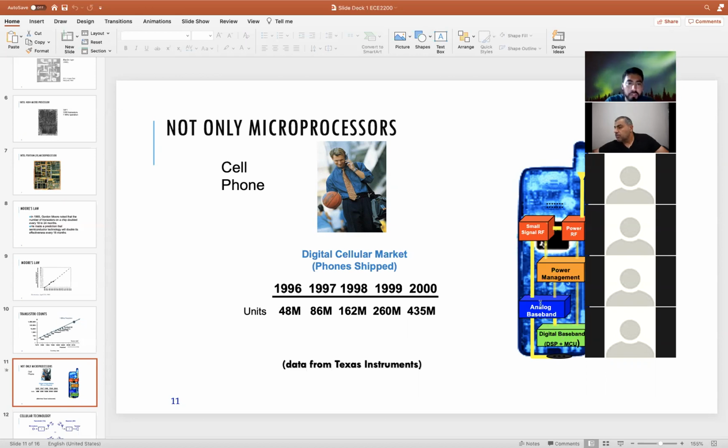And then for the EE guys, it's the rest of these things, which is analog baseband control, the RF radio frequency components that are transmitting and receiving the signal, and power management, et cetera.